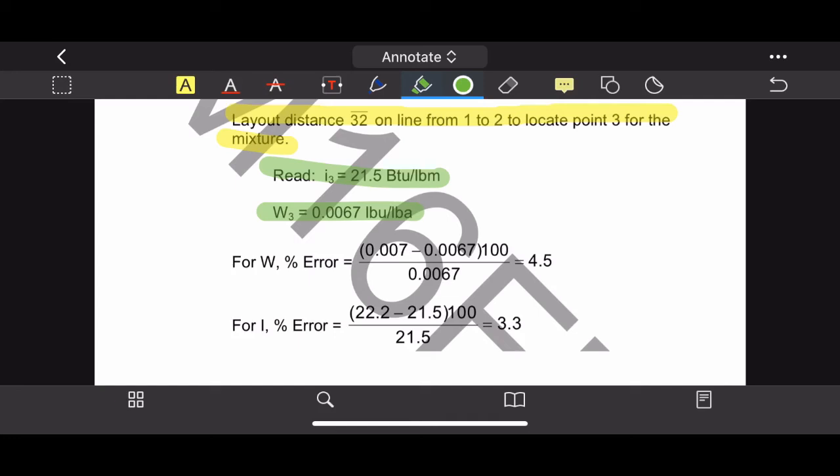For omega or W, there is around 4.5%, while for enthalpy, it is 3.3% difference. So it depends on your condition. If you are more interested to study the volumetric flow rate, use it as much as you like. But the number is very small, 4% and 3% more or less.